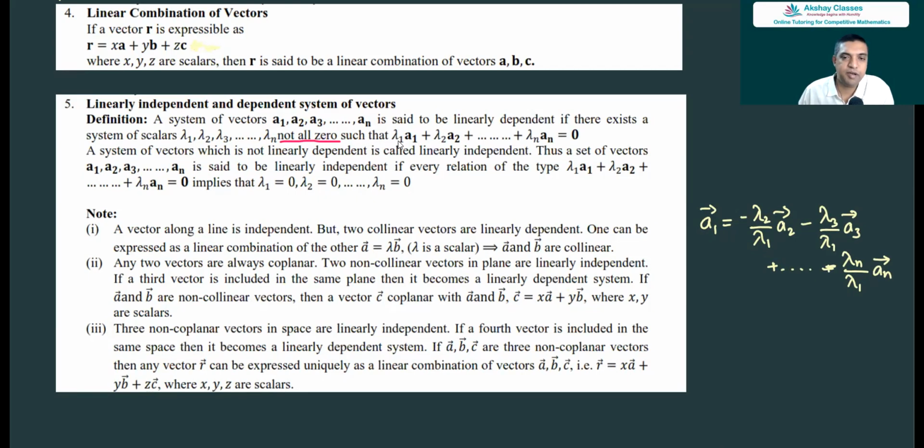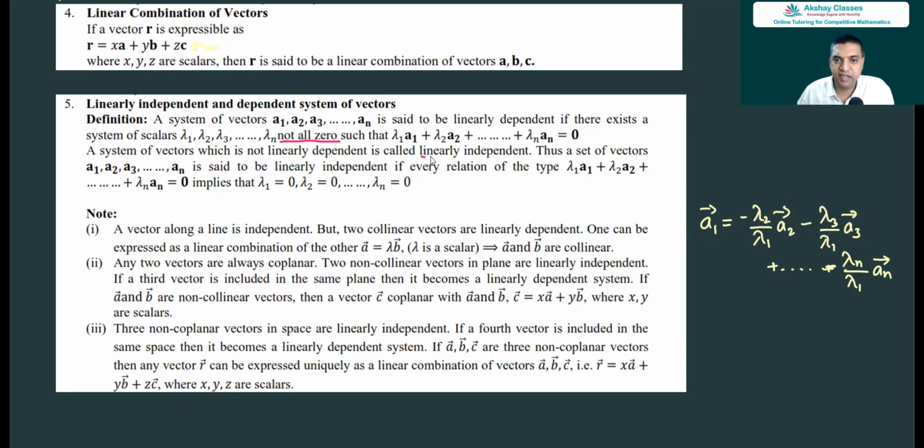So I can write a1 in terms of the other vectors. Then these are called dependent vectors. But a system of vectors which is not linearly dependent is called linearly independent.